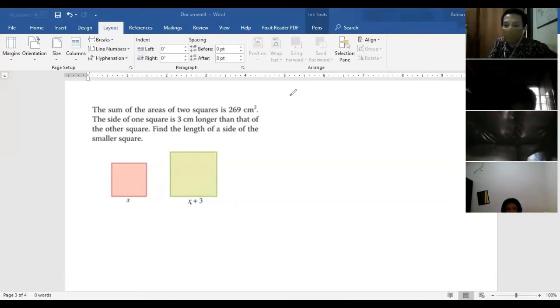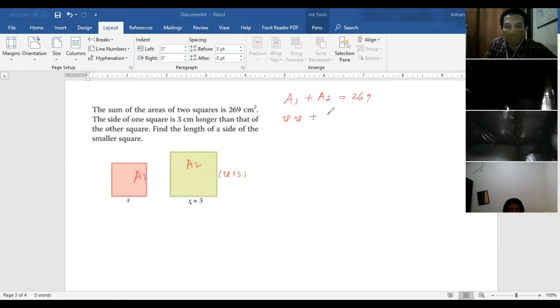You have to define it in a mathematical model, right? So, the sum of the areas means area 1 plus area 2 equals 269, right? So, this is the first area, A1, and this one is A2. So, the area A1 is x times x. And because this is a square, automatically here is x plus 3, right?